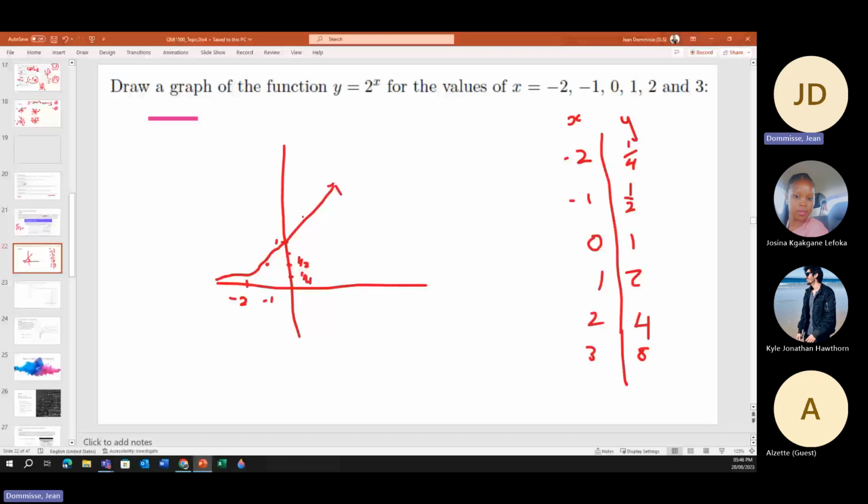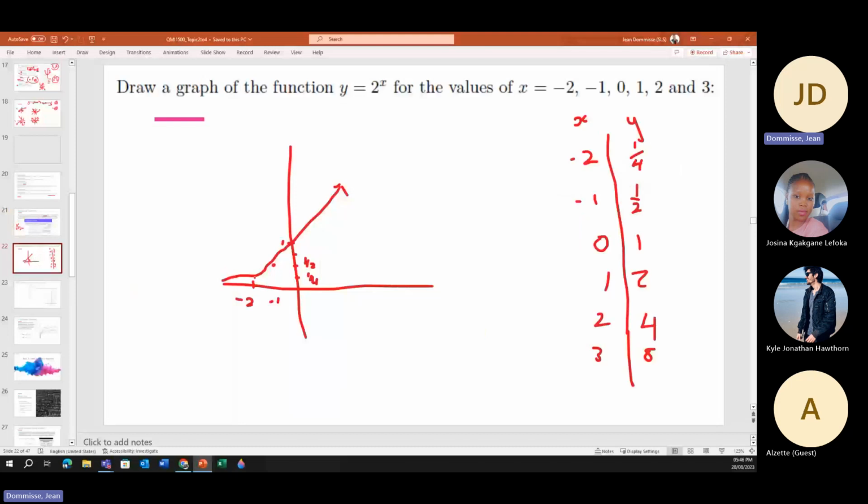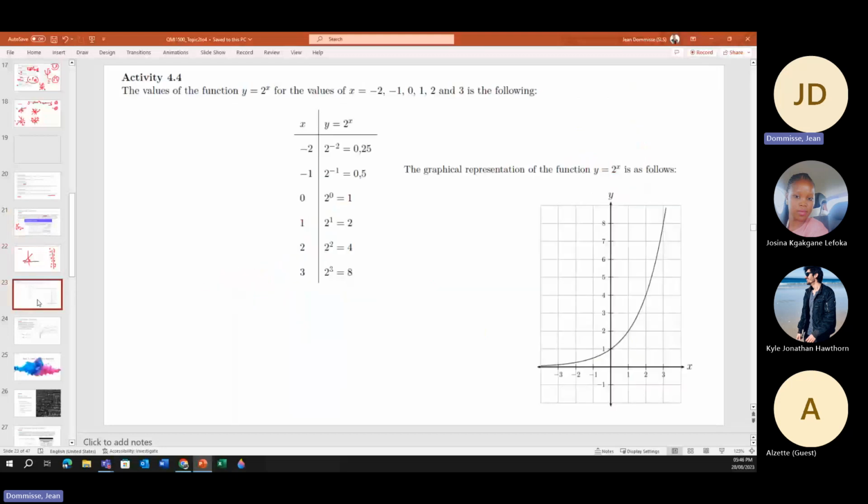Okay. So what it does, and we normally say it goes up exponentially. What do you also notice with the graph on this side? You will see it will not go over that x-axis.